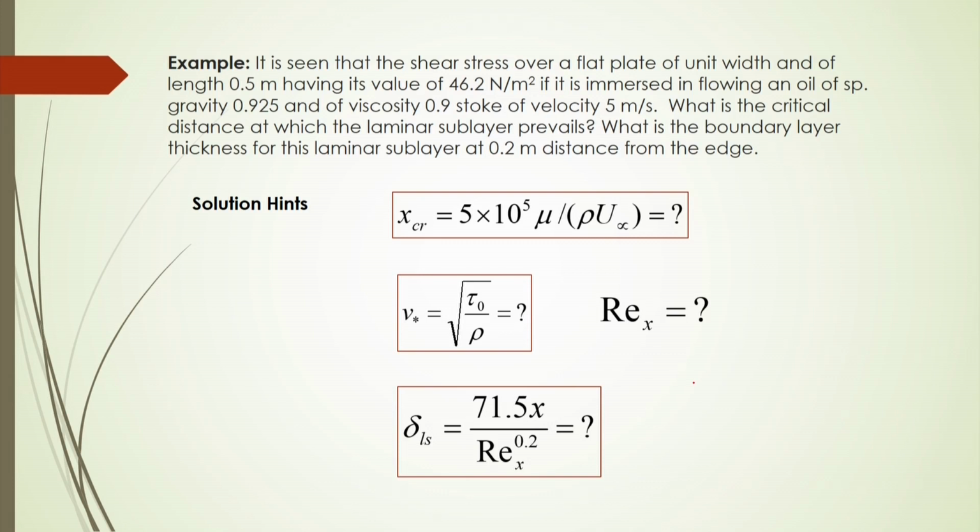Then what should be the critical distance at which you get the laminar sublayer, and also what will be the boundary layer thickness for this laminar sublayer at 0.2 meter distance from the edge?